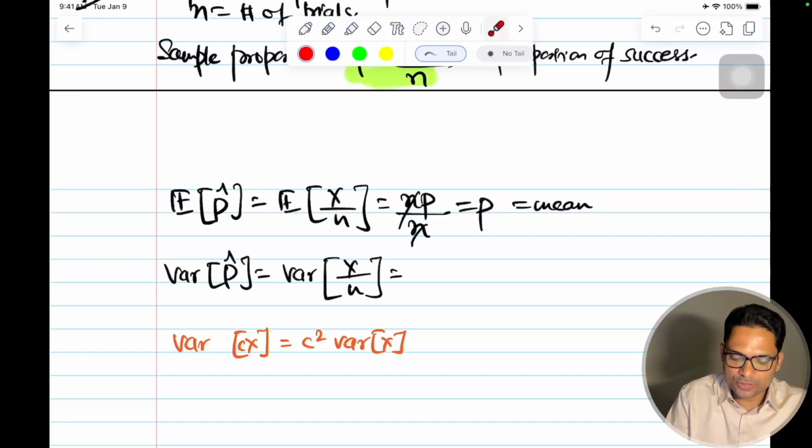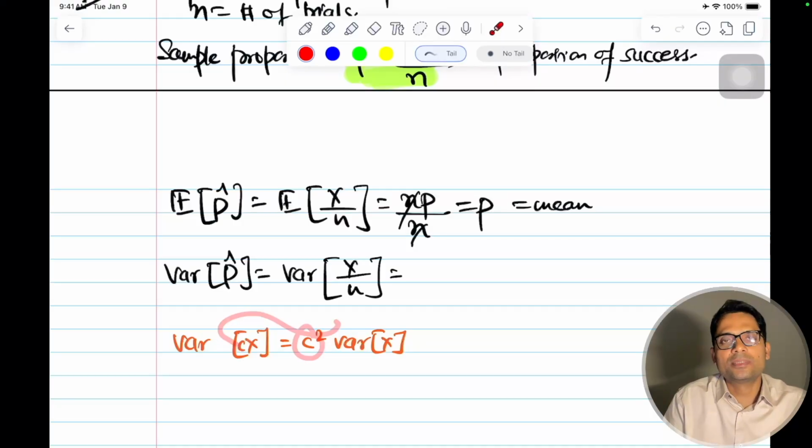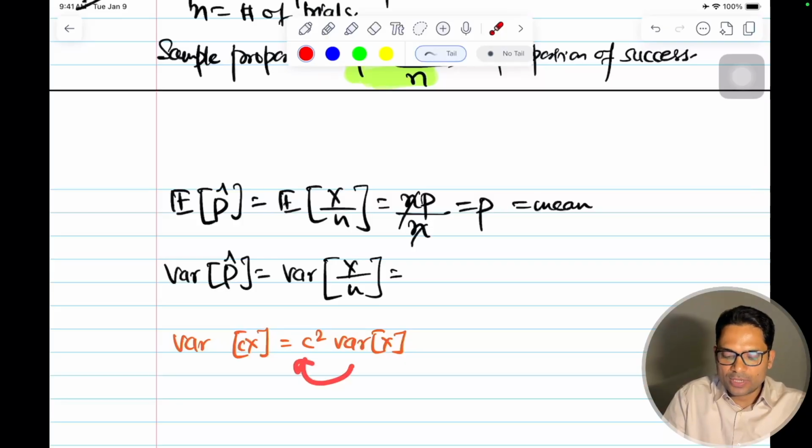The constant squared multiplies outside. Simple. Because every term in the distribution will be multiplied by c, and then we take the square. Okay, so that's why this square term will come out. You can do the math, it's very simple.